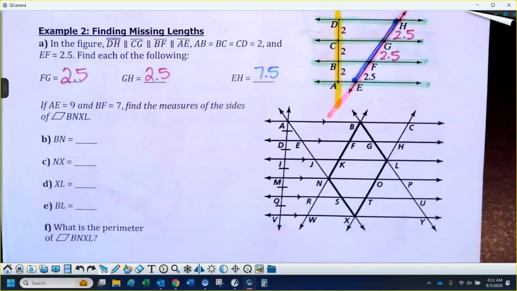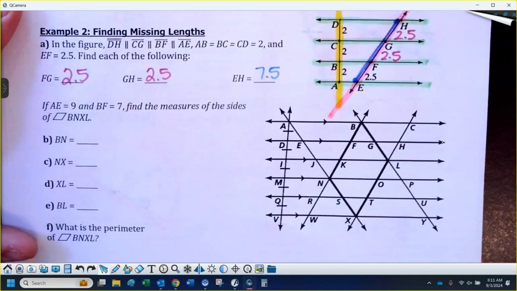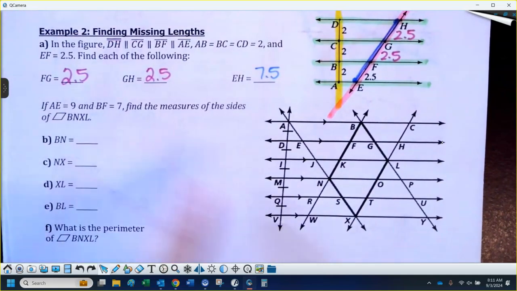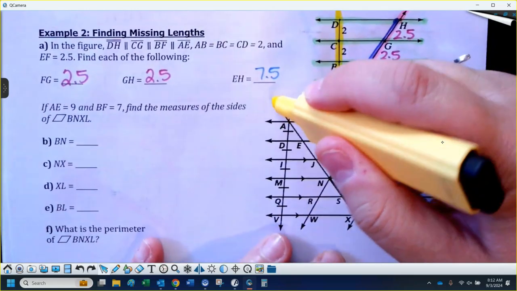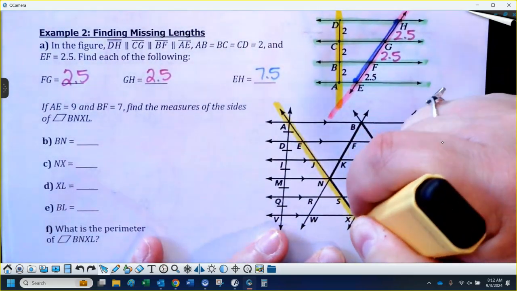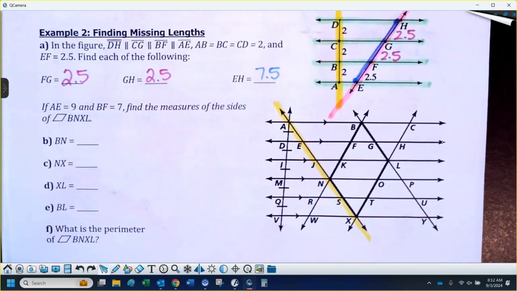Okay, now, this one has a bunch of parallel lines. So there's a ton of parallel lines. It's showing you they cut off all congruent segments here. Now, it says A to E. Let me figure out where that's at in the diagram here. Okay, so let me grab a different color. Alright, so I'm going to go down this transversal right here. It says A to E is 9.